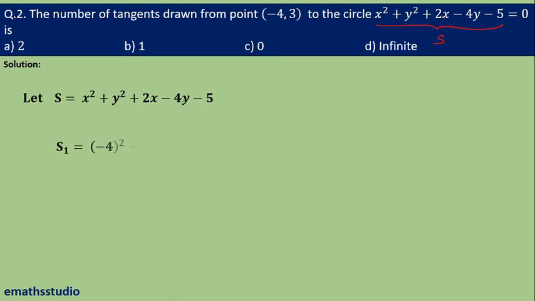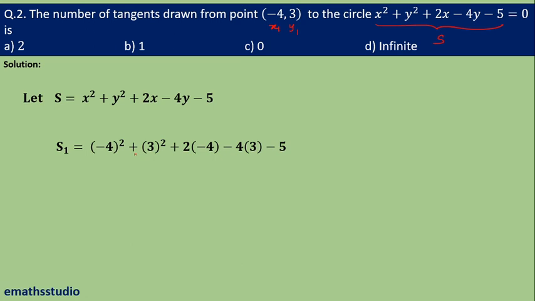Now after S, we have to determine S1. To determine S1, S is replaced by the given point. That point is say x1, y1. So we wrote x1 square plus y1 square plus 2g x1 plus 2f y1 plus c. This whole we have written as S1. When you look at this substitution, x is replaced by minus 4 and y is replaced by 3.